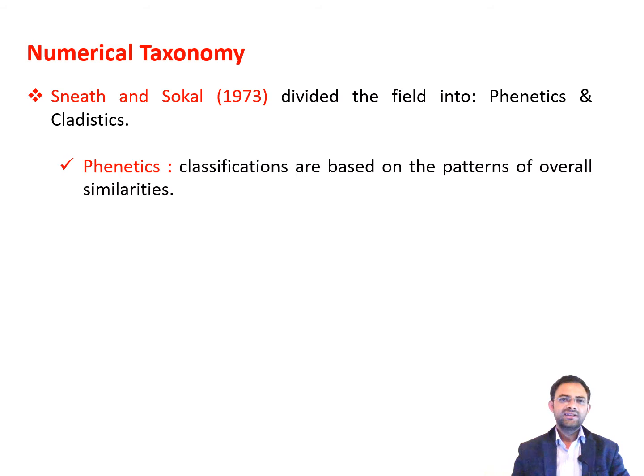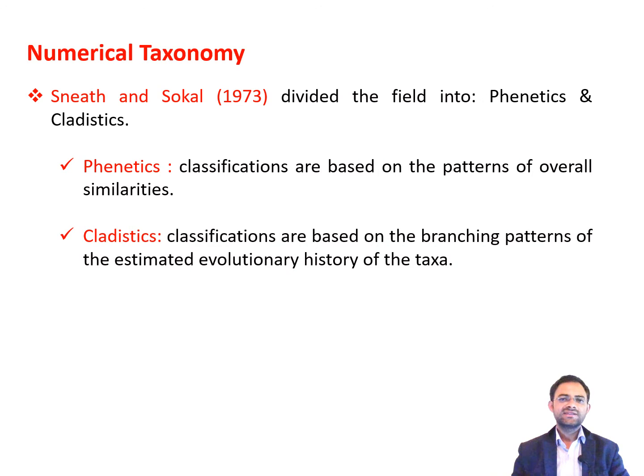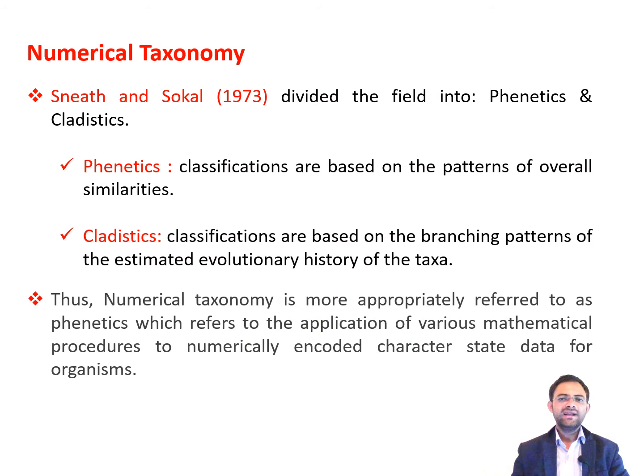In phenetics, the classifications are based on the patterns of overall similarities, while in cladistics, the classifications are based on the branching patterns of the estimated evolutionary history of the taxa. Thus, nowadays, numerical taxonomy is more appropriately referred to as phenetics, which refers to the application of various mathematical procedures to numerically encoded character state data for organisms under study.